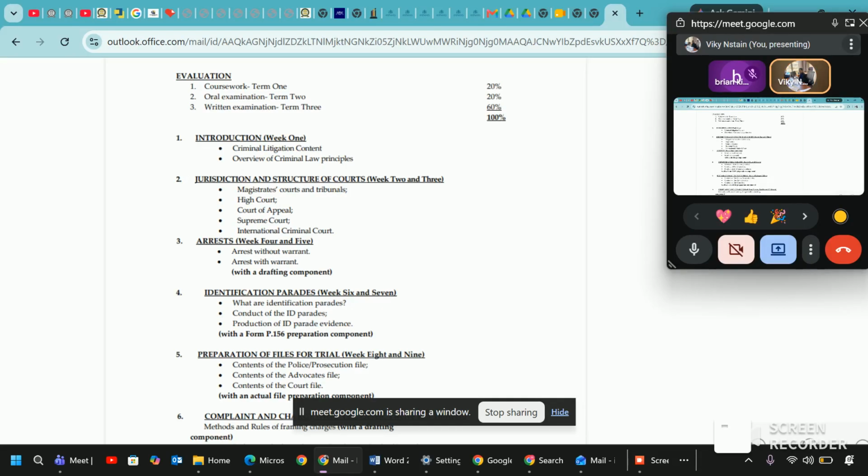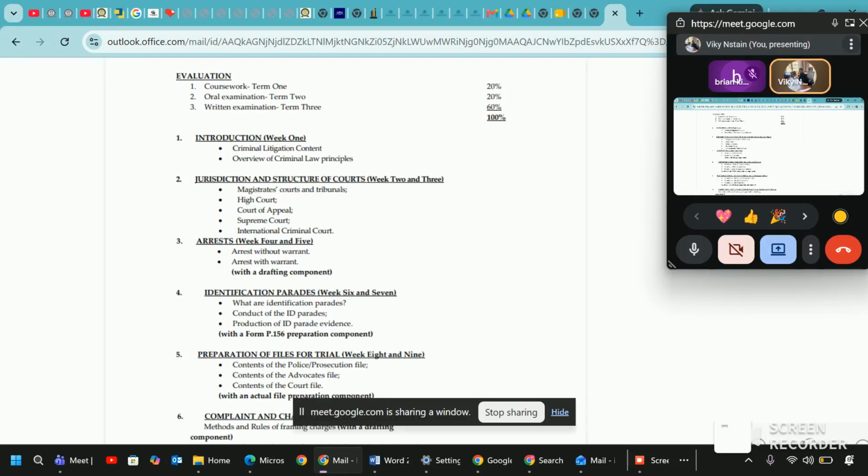C, whom the police officer suspects on reasonable grounds of having committed a cognizable offense. And D, who commits a breach of the peace in the presence of the police officer. And E, in whose possession is found anything which may reasonably be suspected to be stolen property or who may reasonably be suspected of having committed an offense with reference to that thing.